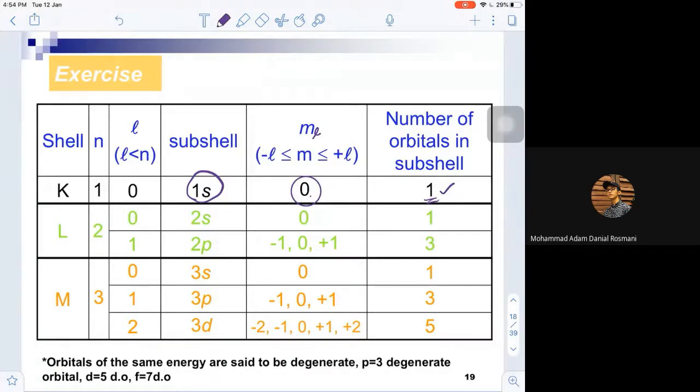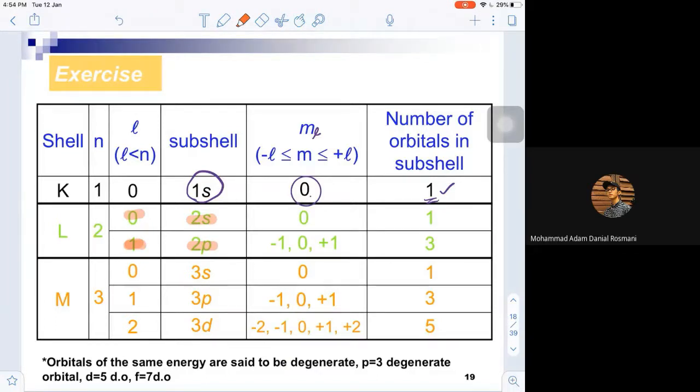When n is equal to 2, it is like we are at the second level of the atom. At the second level, we have two L values, which are L = 0 and L = 1. When L is 0, the name of the orbital becomes 2s. When L is 1, the name of the orbital is 2p.